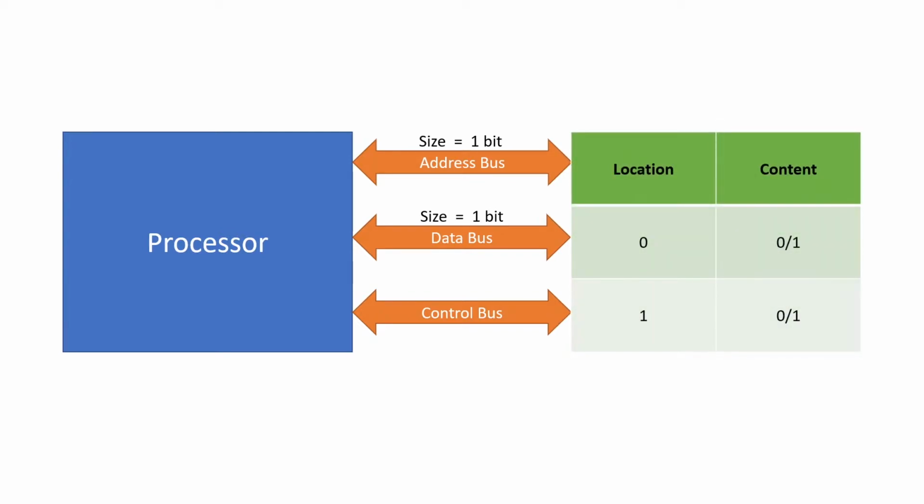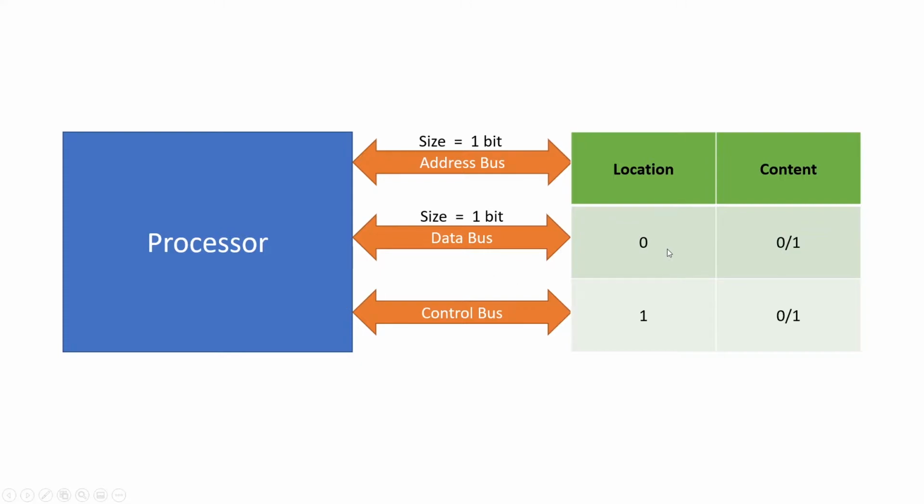That brings us to this. So we have location on the left and then the content on the right. So if it's a binary location 0, you can store probably 1 bit or 1 byte. That depends on how wide the data bus is in the memory. That totally depends on the manufacturer and how they have decided to construct the architecture of the processor.